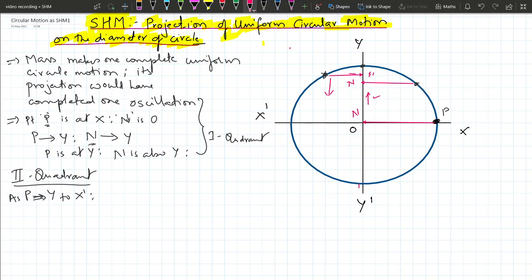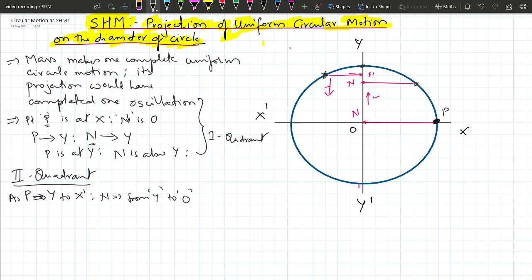In the first quadrant it moves upwards, and in the second quadrant the projection N moves from Y towards the origin.